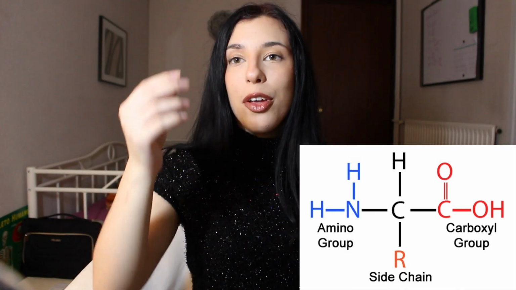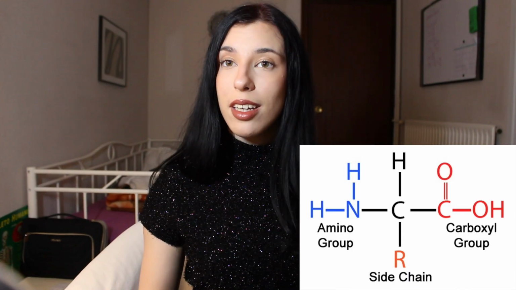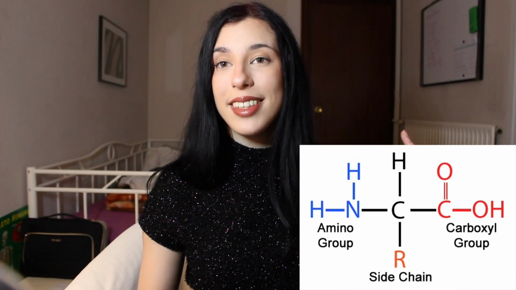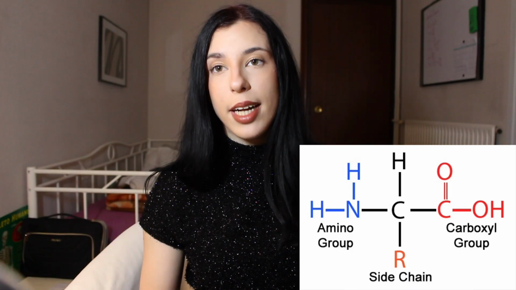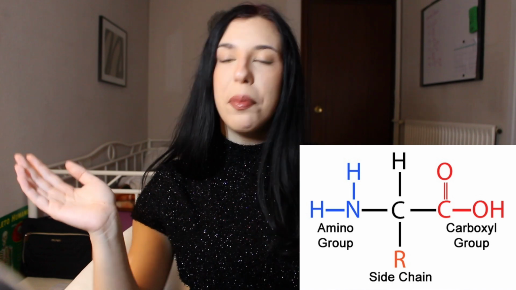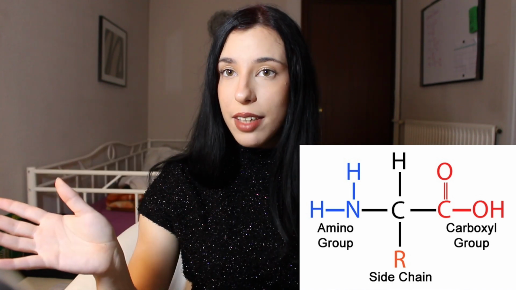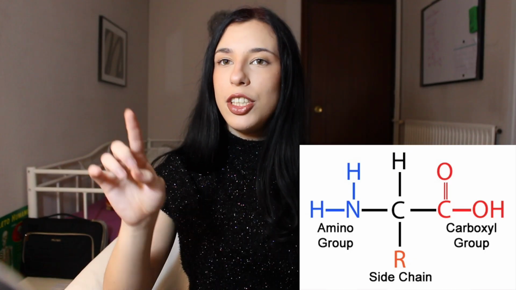To it, you need a hydrogen. You also need a carboxyl group that is acidic and negatively charged and is marked COOH, and also an amino group which is basic and positively charged and it's written as NH2.